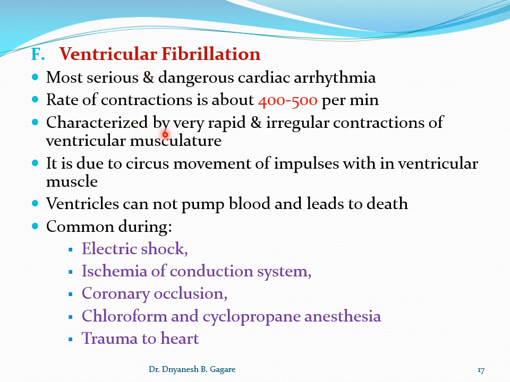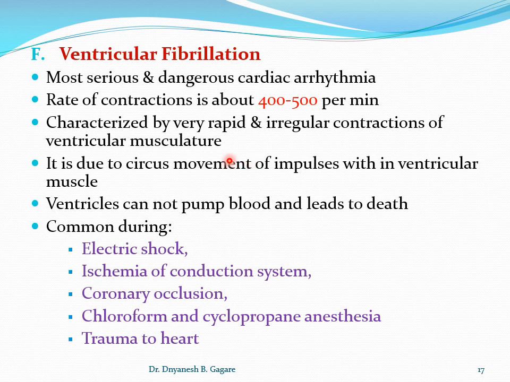Because what happens in this case is, there is no effective contraction, meaning no contraction of both ventricles together. Some part will contract, some will relax, some part will contract, some will relax, and ultimately there is no pumping of the blood. So blood cannot be pumped, and that's why it is a serious and dangerous cardiac arrhythmia. The rate of contraction can increase up to 400 to 500 times per minute.